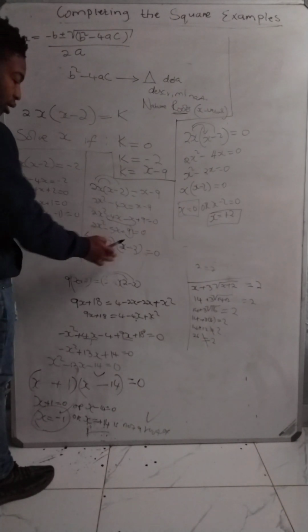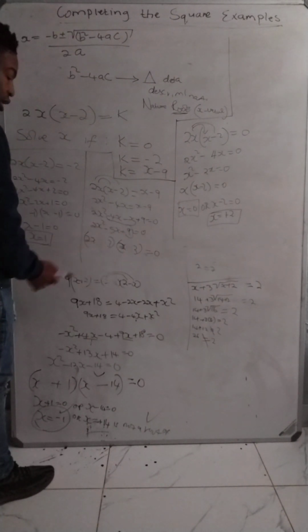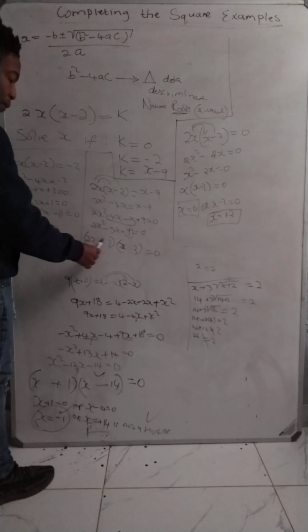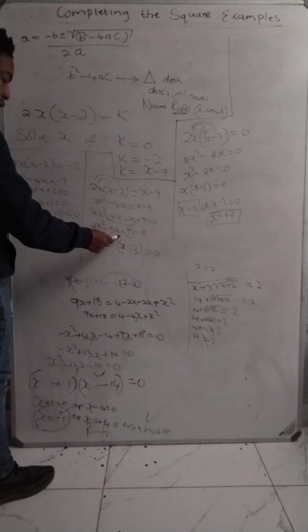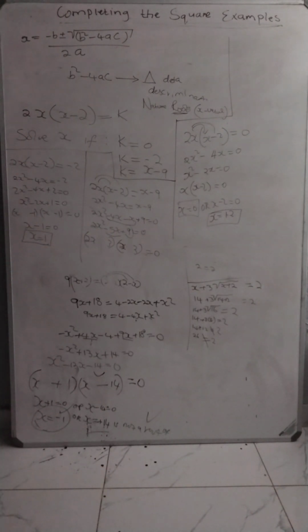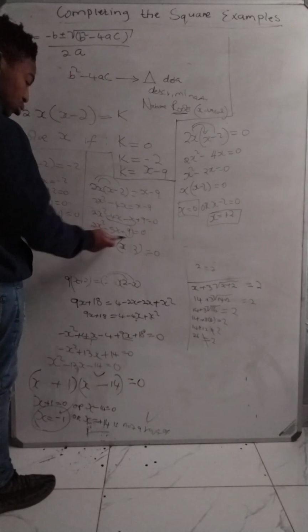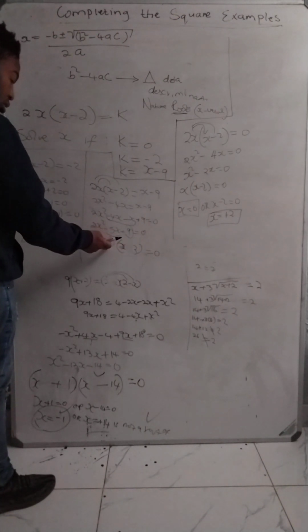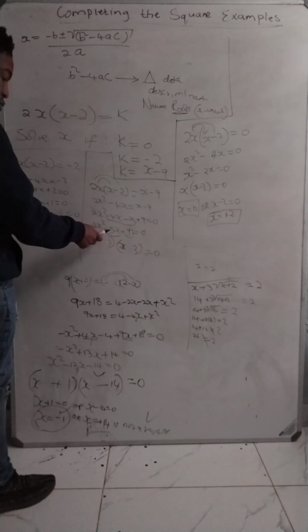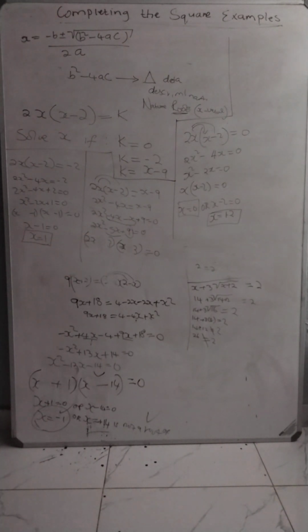If we have a minus and a minus, we're not going to come up with that very well, because we're going to have 2 times 3, which is 6, and then 6 and that, so we're not going to have that 10.